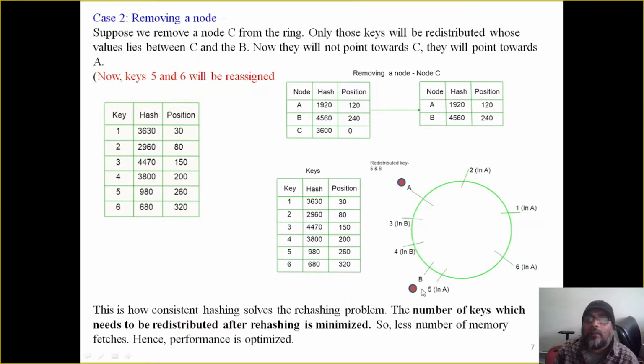So you see here, now they will point to C. So key 5 and 6 will be reassigned.